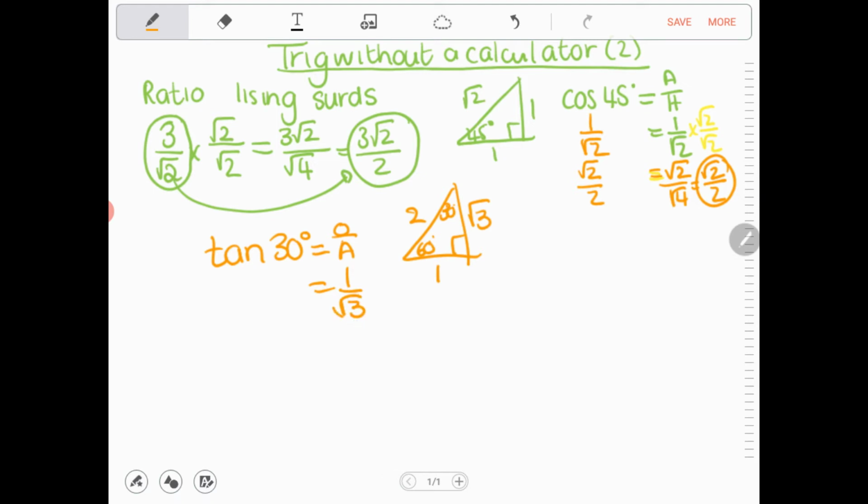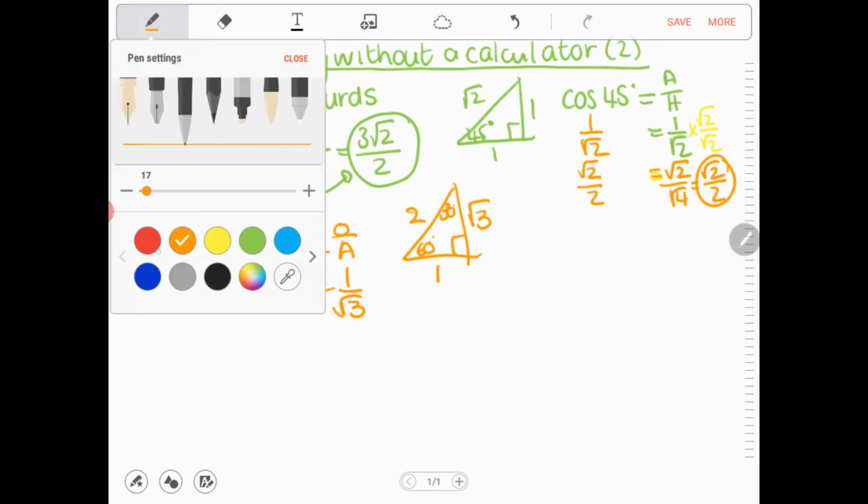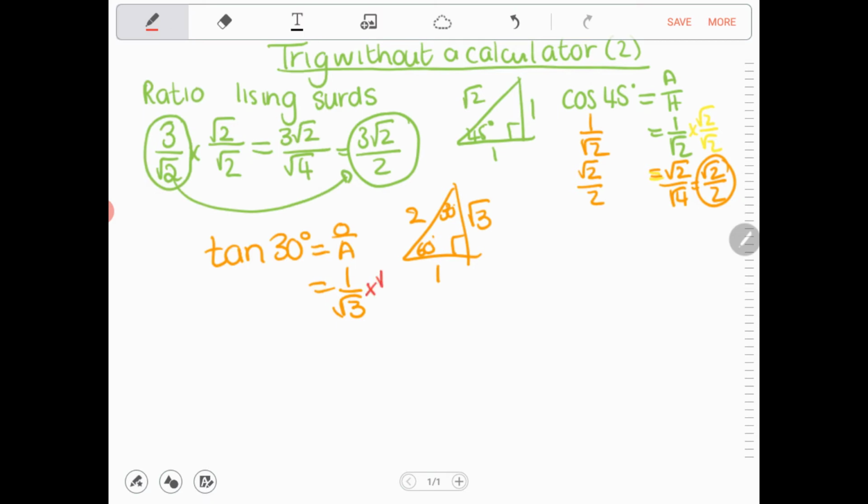I can take the surd out of the denominator by timesing it by root 3 over root 3, which is a 1. So 1 over root 3 is exactly the same as root 3 over the square root of 9, which is 3. So these two are equivalent surds. Okay. All right, so that was rationalizing denominators.